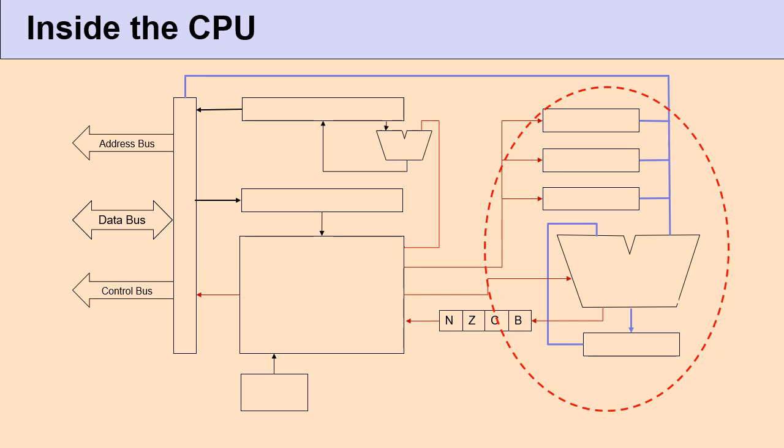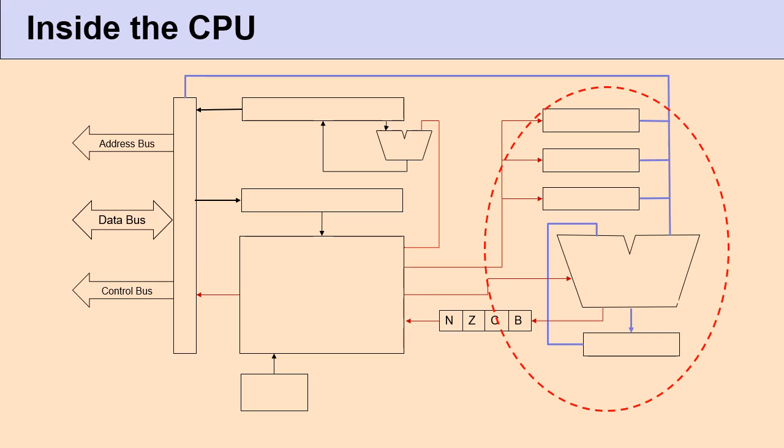And also we see that one of the two ALU inputs is connected to register A only, the accumulator register, which means that whenever you carry out an operation using the ALU, one of the two inputs should always come from the accumulator.